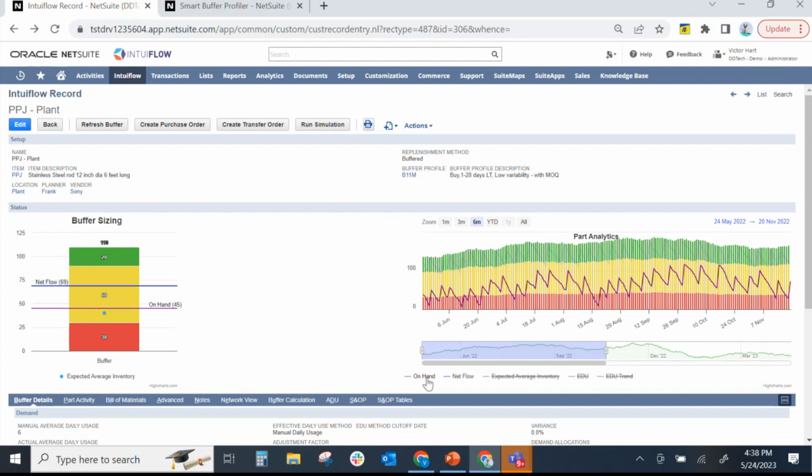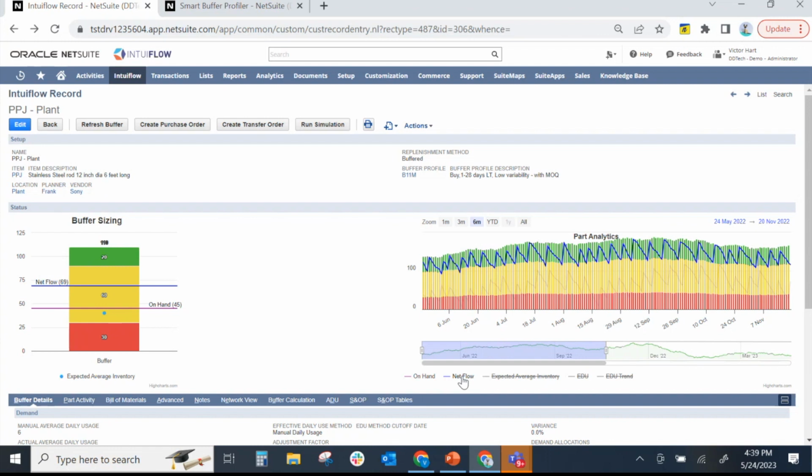So what's the sign of a healthy buffer? Where's that net flow trend? The net flow should be fluctuating around throughout the green zone, because when that net flow drops out of the green zone, that's when we get a replenishment recommendation.